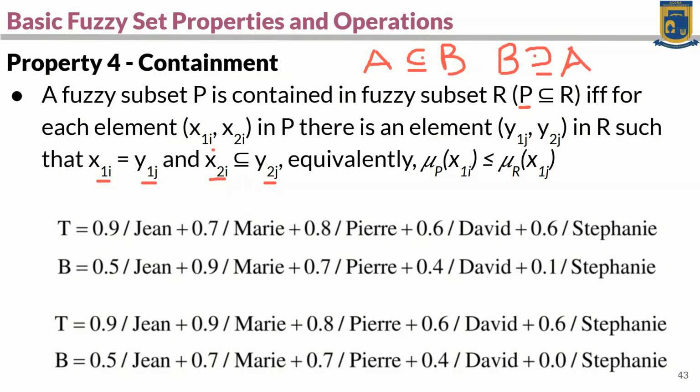That means this one has to be smaller than this. That's the implication, as you can see over here.